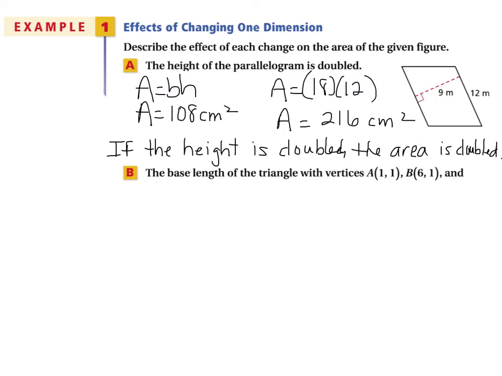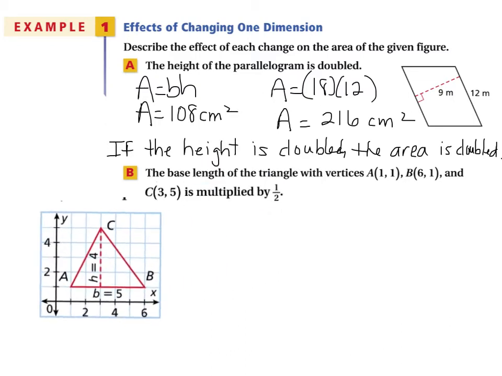Part B, the base length of a triangle with vertices (1, 1), (6, 1), and (3, 5) is multiplied by 1/2. Step 1, draw the picture. As you draw the picture, you can also calculate or draw in the height.